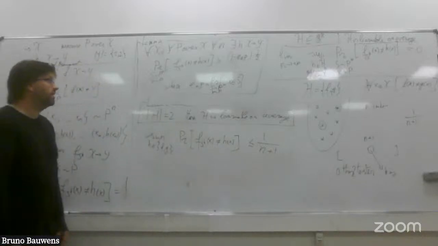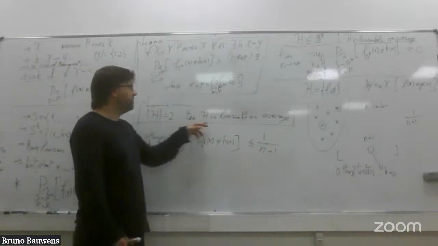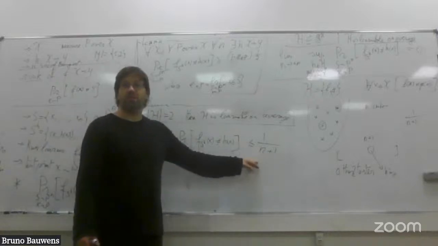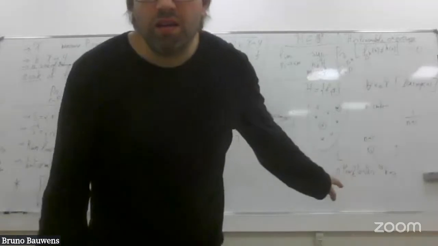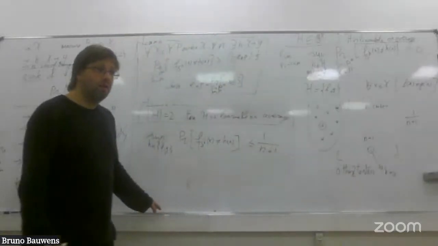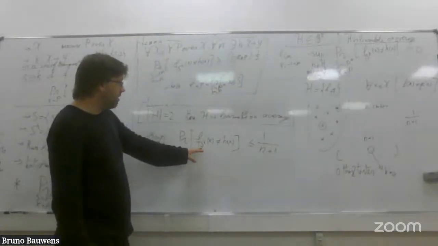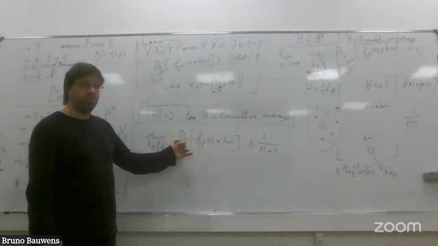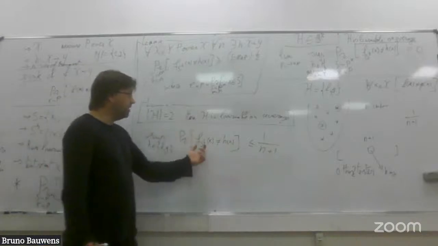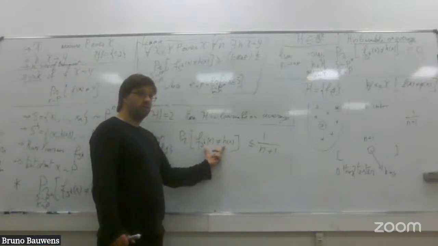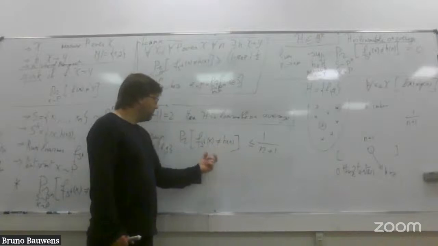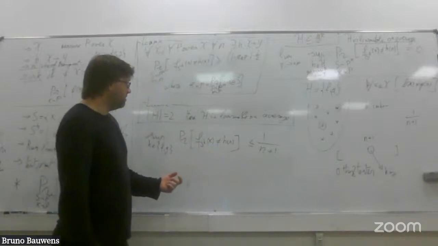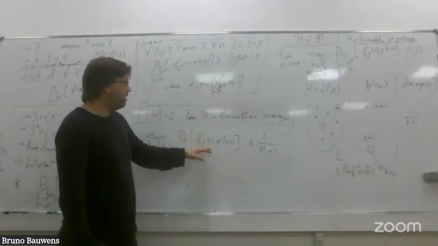And we can actually extend it. If H is finite, then this is also true. Yeah, so what we then do is apply the union bound, and we look at each pair of functions. Sorry, let's say it as follows.